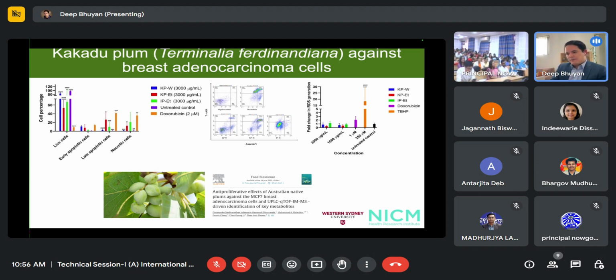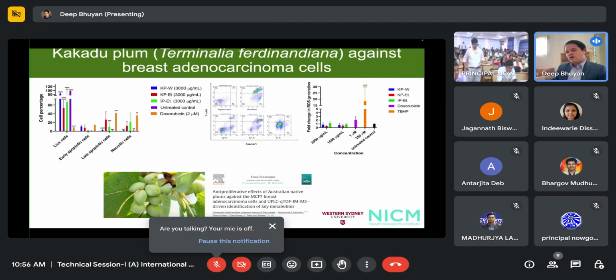And same happened with the generation of reactive oxygen species. So basically, cancer is an oxidative stress related disease. So when you have a high amount of free radicals in the body, there are chances that it can act on the normal cells and convert those normal cells to cancer cells.